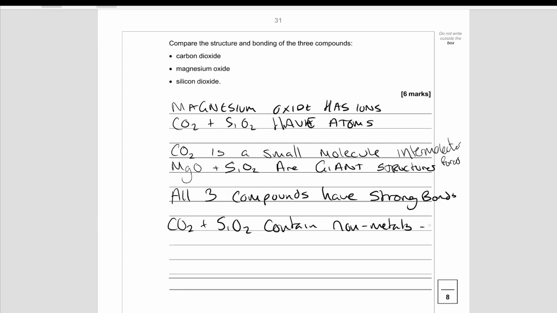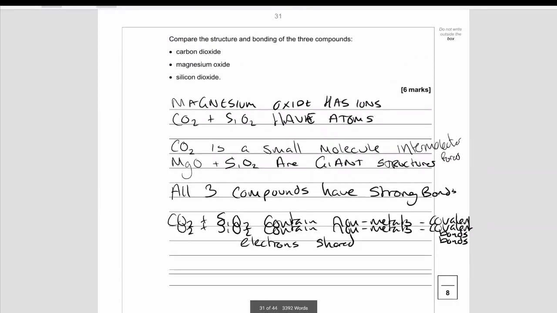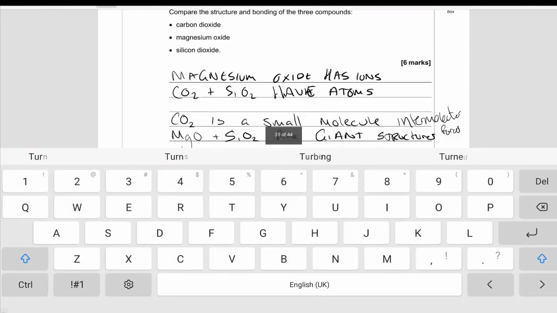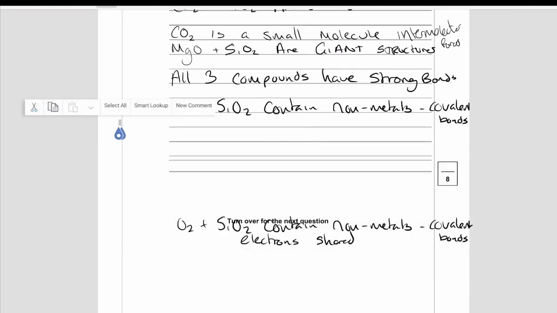And that means covalent bonding. Covalent bonds means electrons are shared.